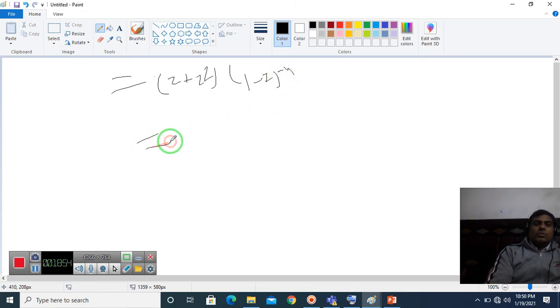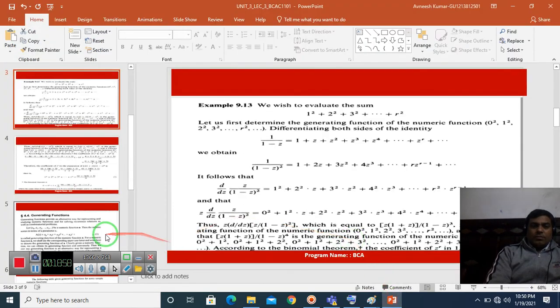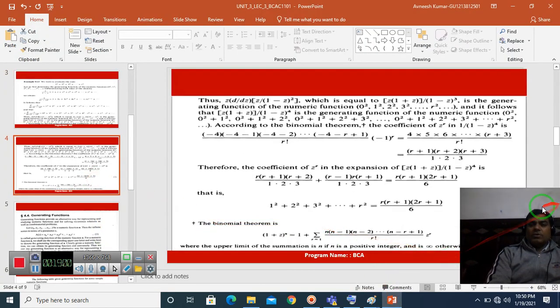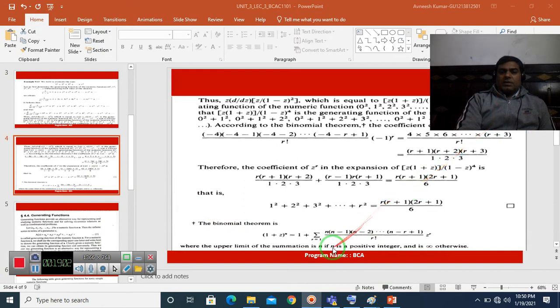Okay, so we know that by the binomial theorem, which you studied in the 12th class, the binomial theorem expansion is 1 plus z to the power n. So the result will be this: if n is positive and n is an even number, all the terms will be positive. If n is negative, the term will be negative.